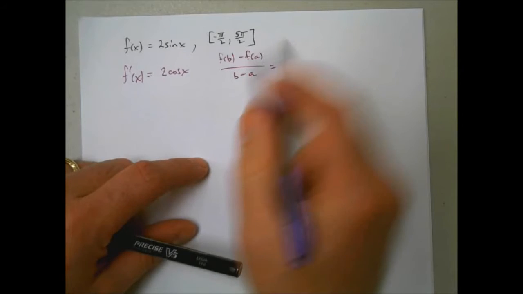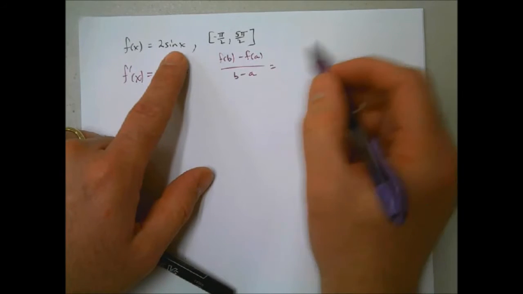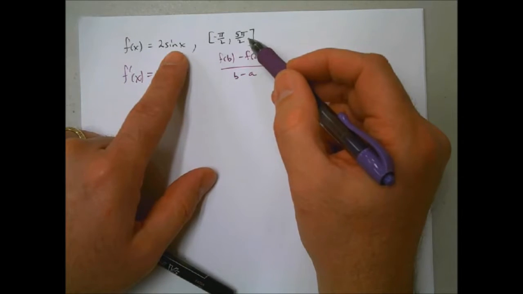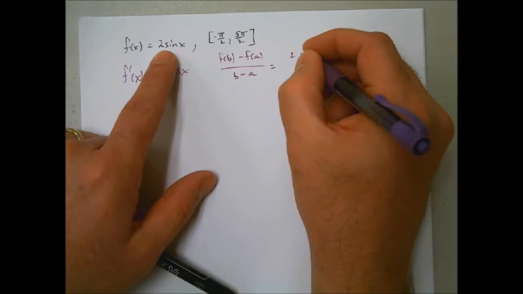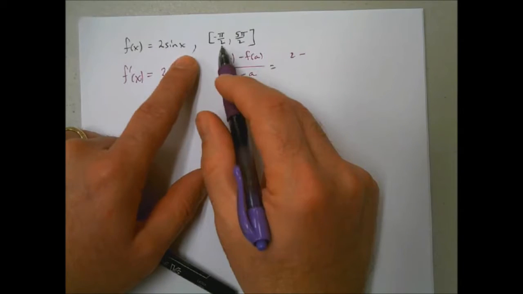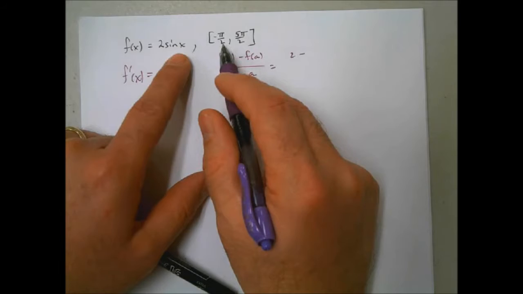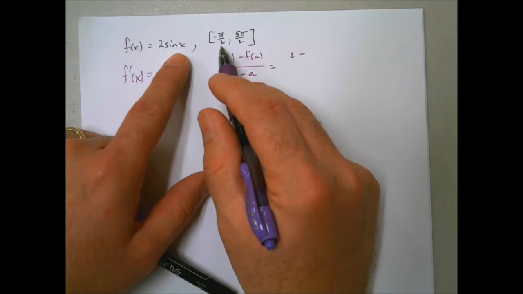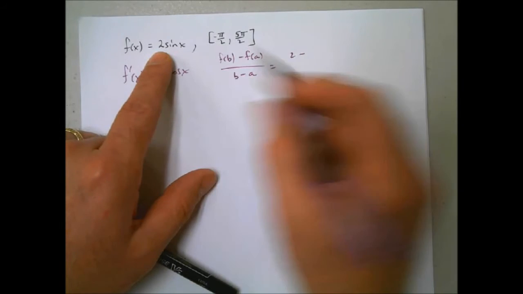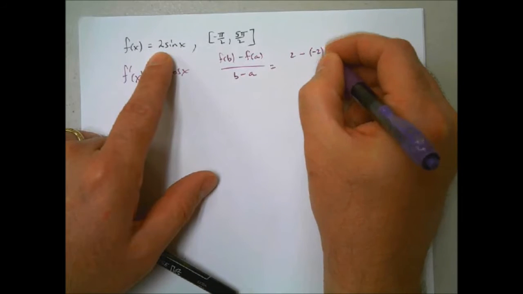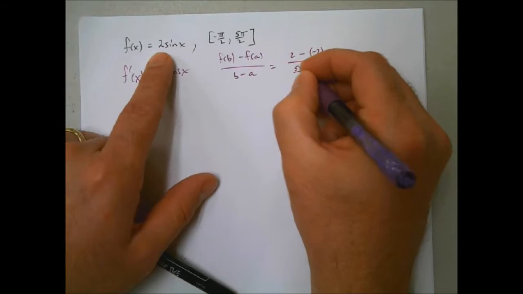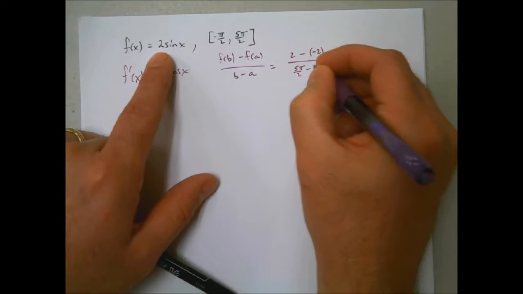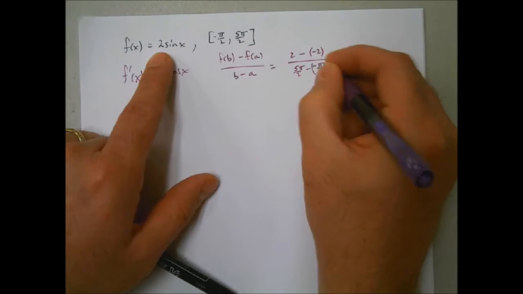Okay, so f of b, so I'm doing sine of 5 pi over 2, that's 1, times 2 is 2, minus, now f of a, okay, sine of negative pi over 2. Sine of negative pi over 2 is negative 1, times 2 is negative 2, all over b minus a, so 5 pi over 2 minus a negative pi over 2.